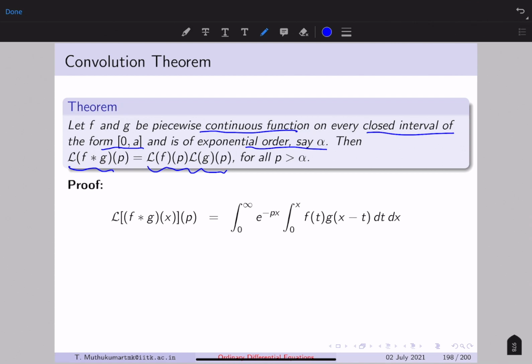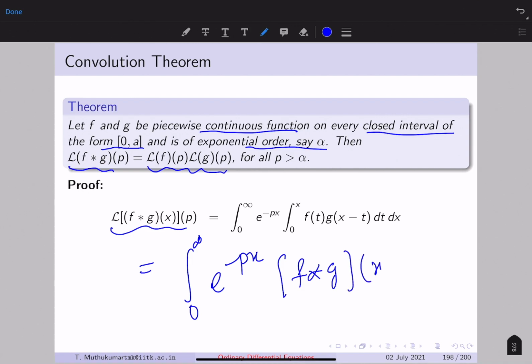So what is the proof of this? You start with the Laplace transform of the convolution function, which by definition is the integral from 0 to infinity of e to the minus px times f star g of x dx. But f star g of x is given again by this integral from 0 to x, dt.